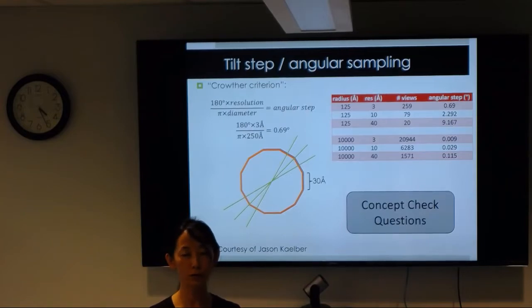Or do you want a 1 degree increment, so you take 120 images, and each image gets 1.5. This is also something you have to consider.